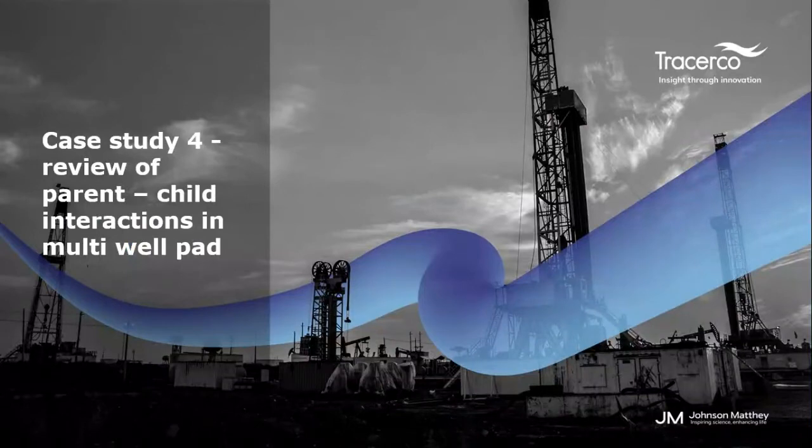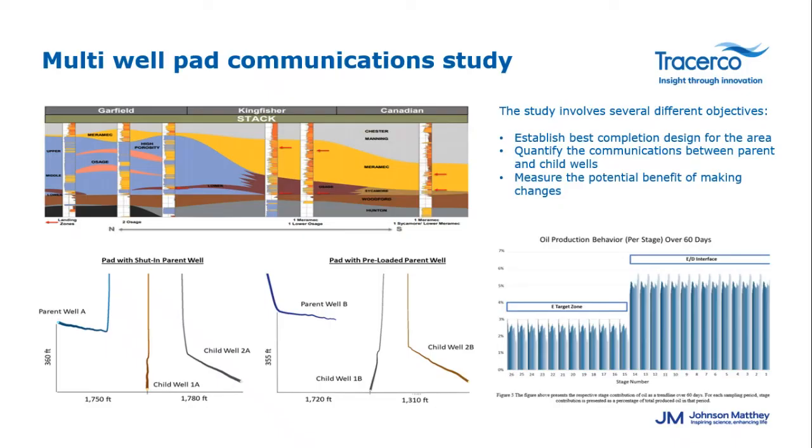Case study 4 will include parent-child interactions, multiple well pad development, and landing target sections. For each diagnostic investigation, wells were chosen that would provide the best opportunity to provide the most representative data sets.